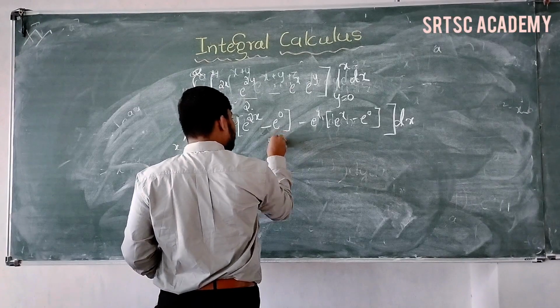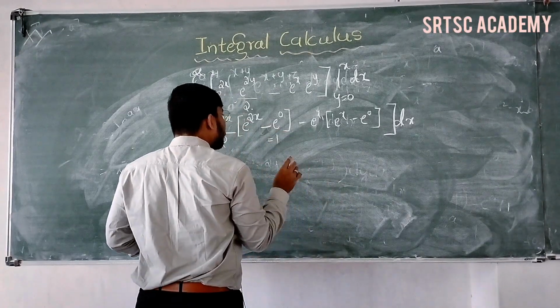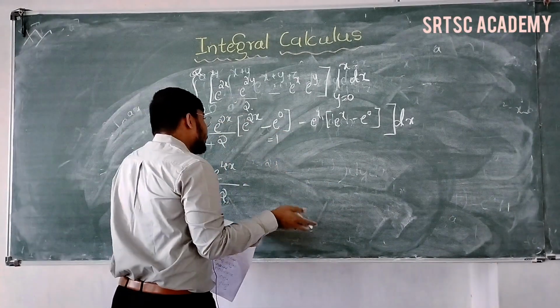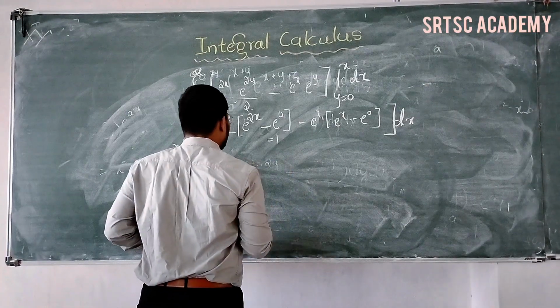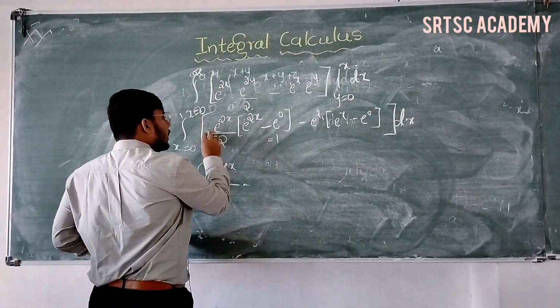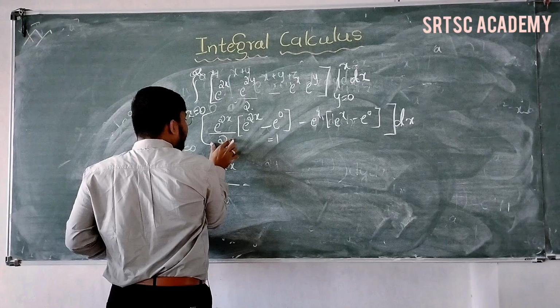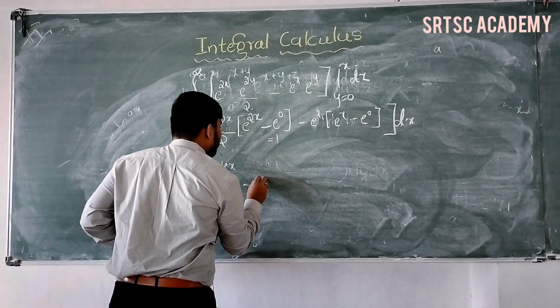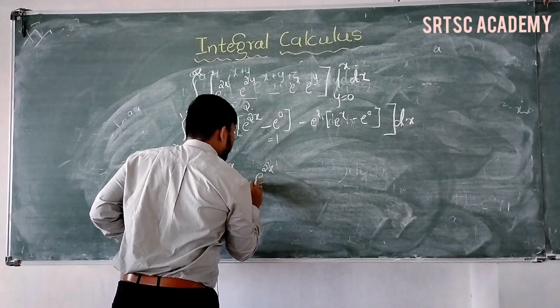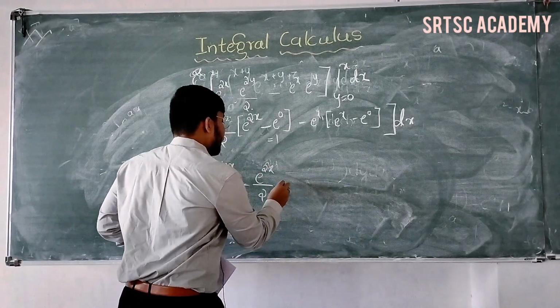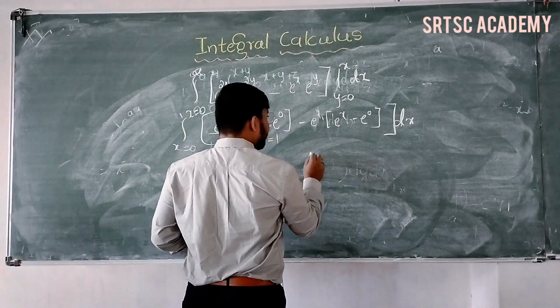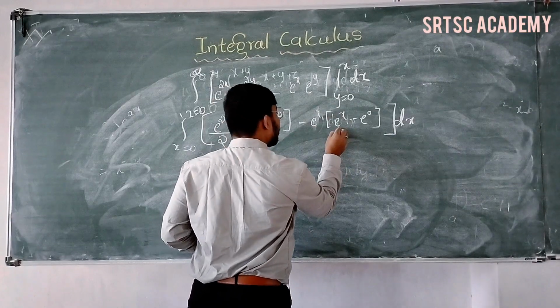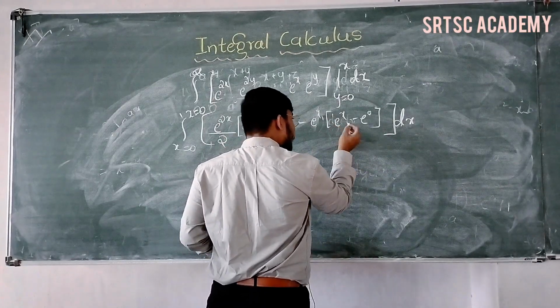I told, e to the power 0, not only e to the power 0, anything to the power 0 is 1 only. e to the power 2x divided by 2 into 1, that is e to the power 2x by 2 only, minus e to the power x, e to the power x into e to the power x, that is e to the power x square.